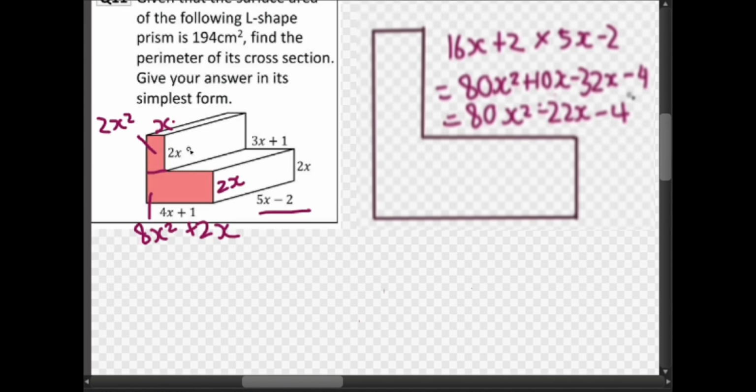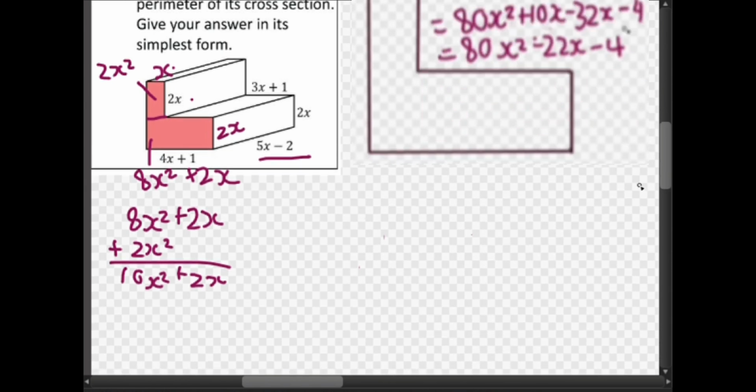So the total area of the red section will be 8x squared plus 2x plus 2x squared, and the answer will be 10x squared plus 2x. Since there are two red sections, one here and one on the other side, we times it by 2, so it's 20x squared plus 4x.